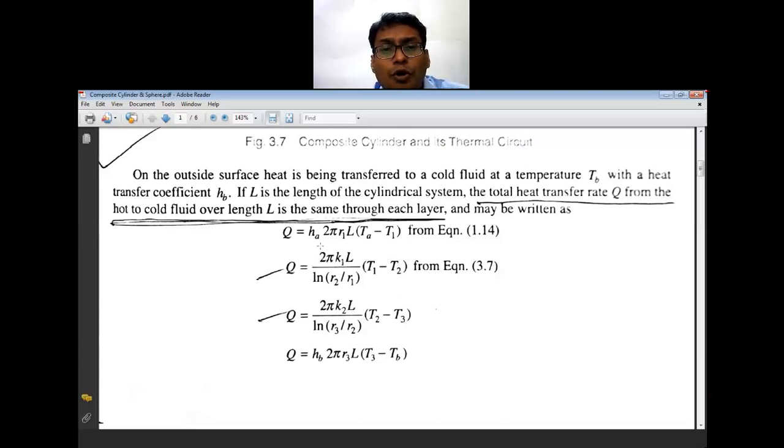So Q, that is the heat transfer rate because of the convection, is H A delta T. Then for the first cylinder and for the second cylinder, where the thermal conductivity of the first cylinder is K1 and of the second cylinder is K2, it is the ratio ln of R2 upon R1, and for the second cylinder ln of R3 upon R2.